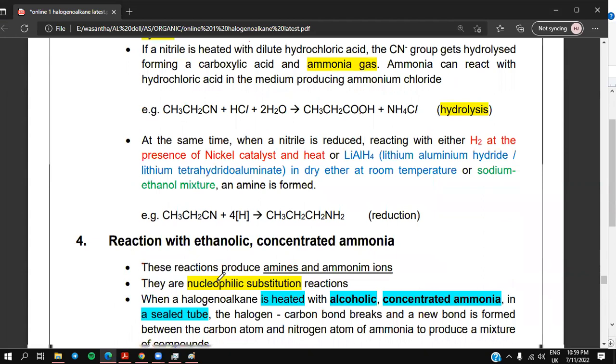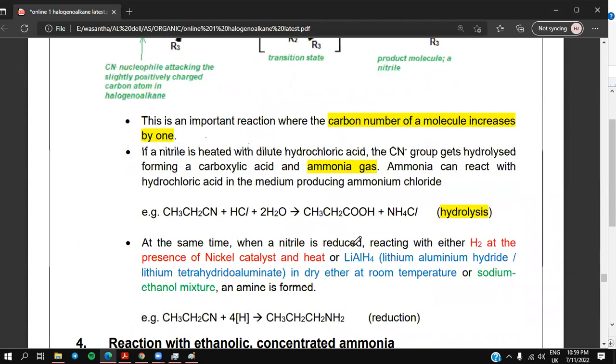At the same time, when a nitrile is reduced, reacting with either hydrogen in the presence of nickel catalyst and heat, or lithium aluminum hydride, see what happens.